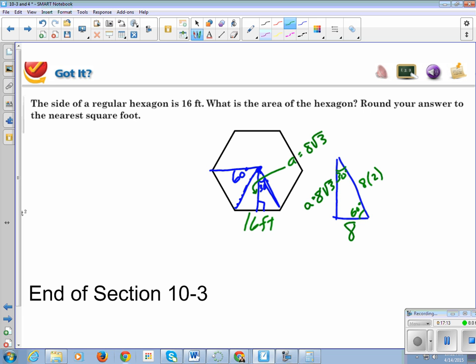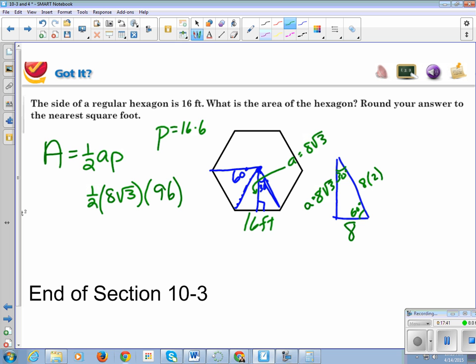So if I have my formula for the area of a regular polygon, it's 1/2 the apothem times the perimeter. Remember, perimeter is 16 times 6. 10 times 6 is 60, and 6 times 6 is 36. So that's 96 for our perimeter. Then you want to multiply all those together.